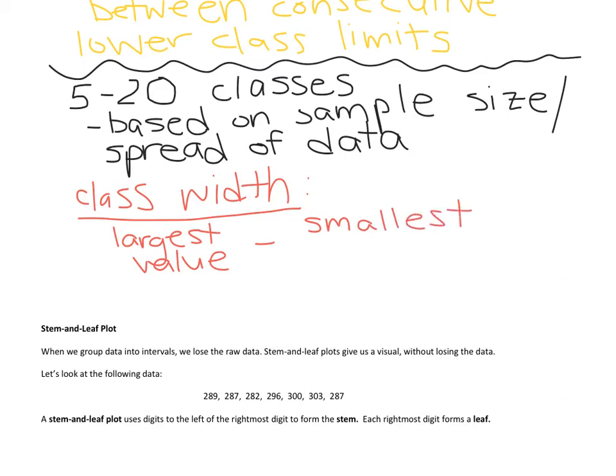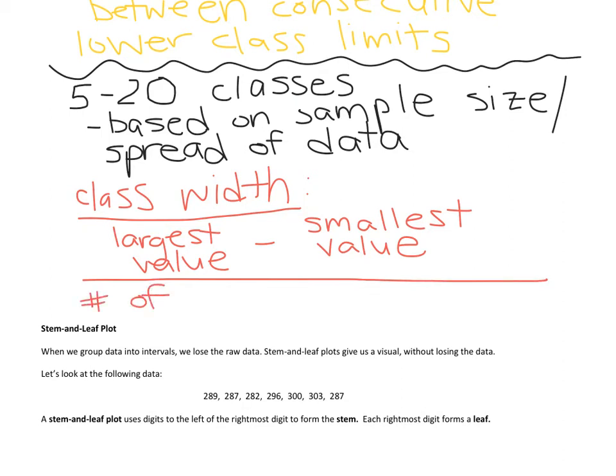That's going to be a type of range, the range of your data, how much it varies, and you're going to divide that by the number of classes you want. And that's going to tell you what your class width should be.